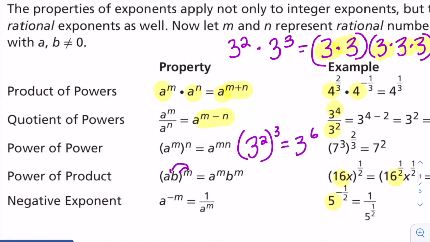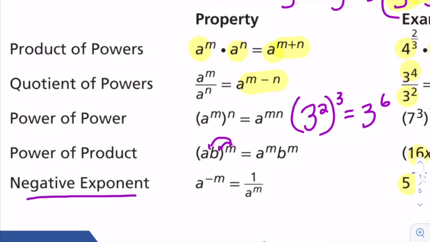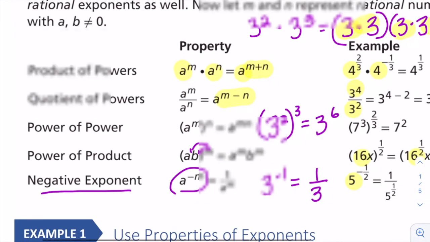So we have a to the 1, b to the 1, and we end up multiplying both of those exponents by m. And one thing that we did go over a little earlier is the negative exponent. So when we have a negative exponent, and I'll put 3 to the negative 1, that becomes 1 over 3, and then a to the negative m would become 1 over a to the m.